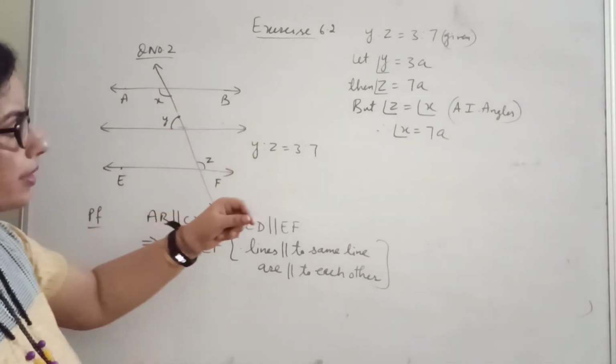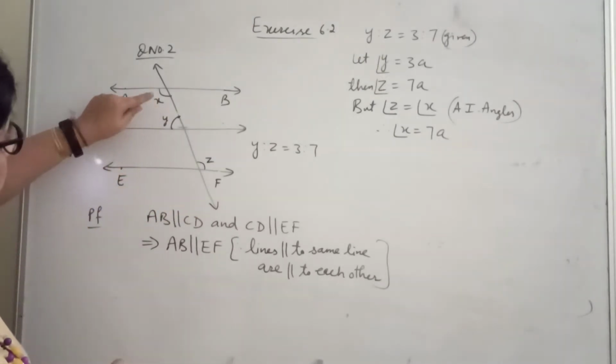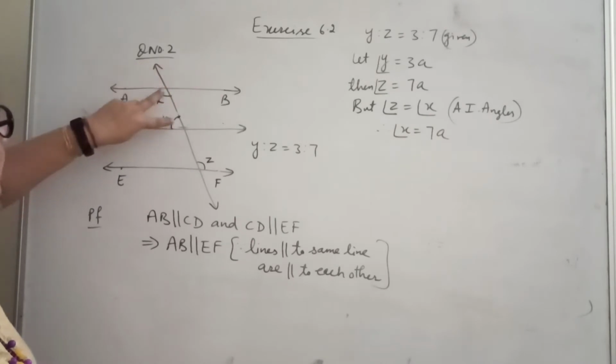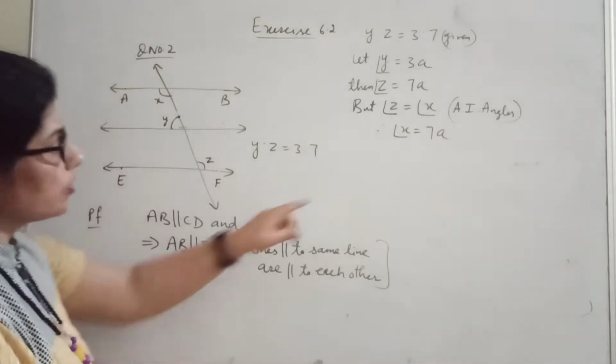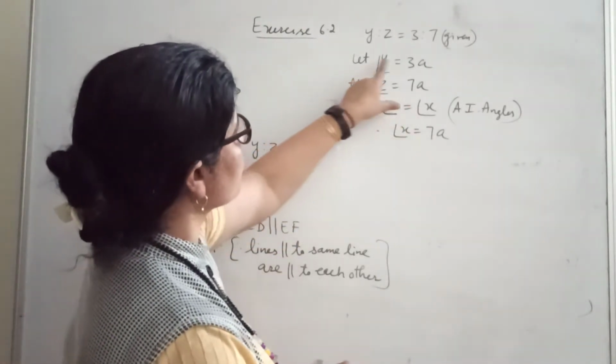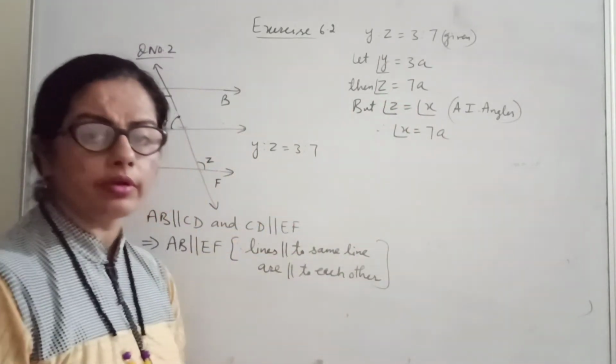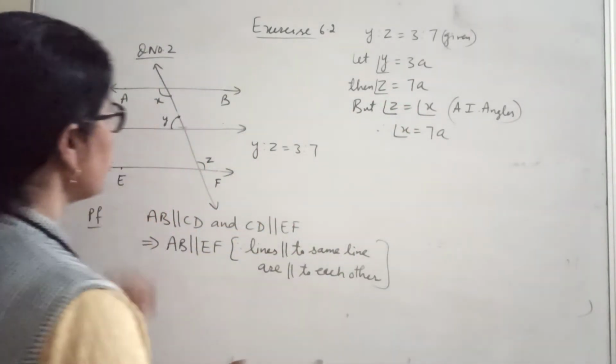How can we find A? See, what is the relation of X and Y? These are co-interior angles, and co-interior angles are supplementary. I know the value of X, Y and Z, all depending on A. So what will we write here?